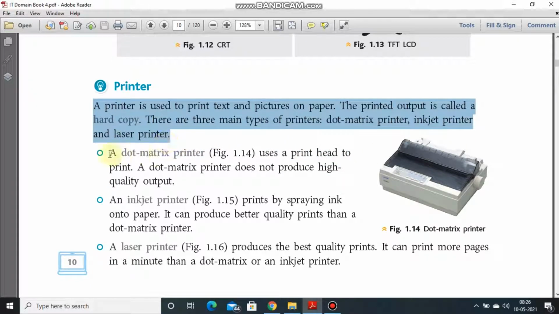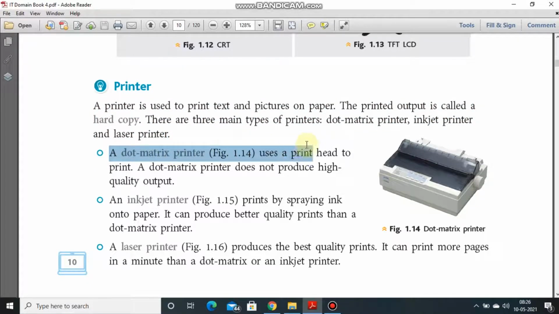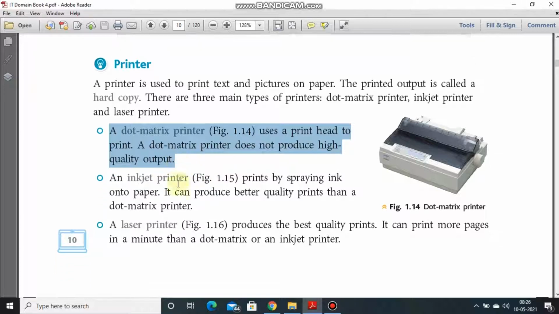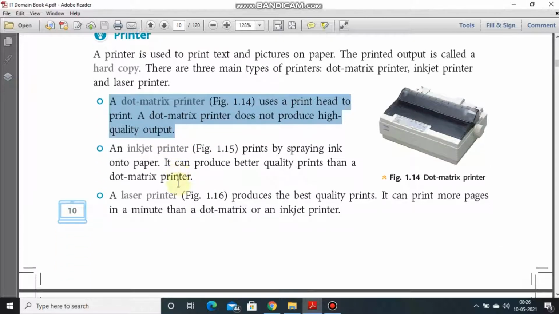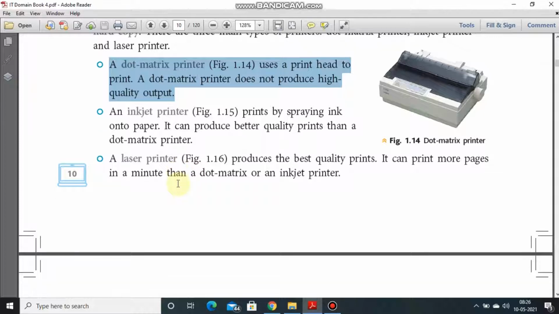A dot matrix printer uses a print head to print. It does not produce high quality output. It prints in the form of dots, hence pictures can't be printed by using this printer, and the speed is also slow.